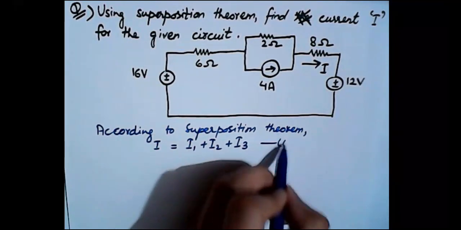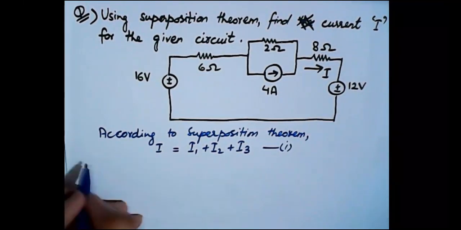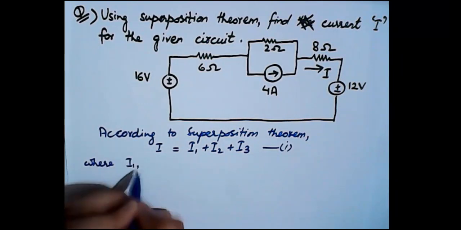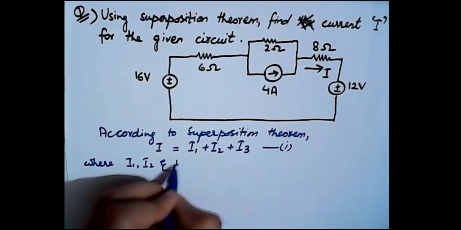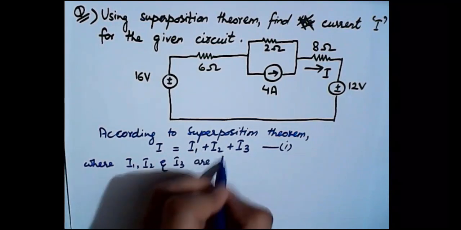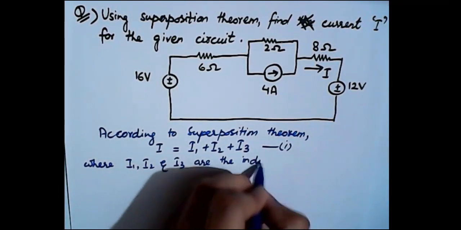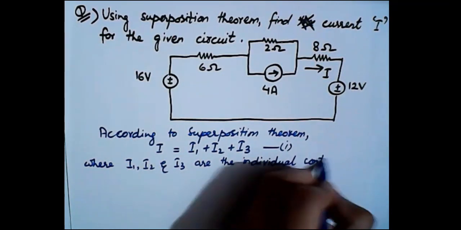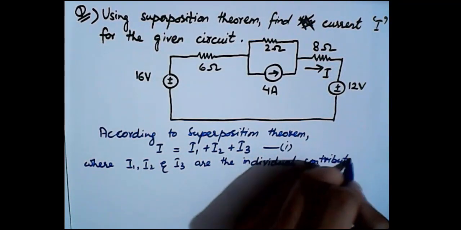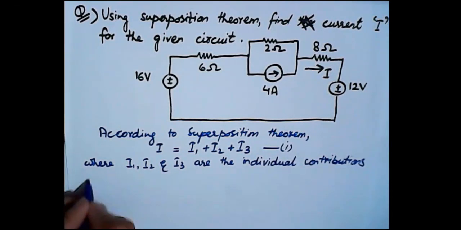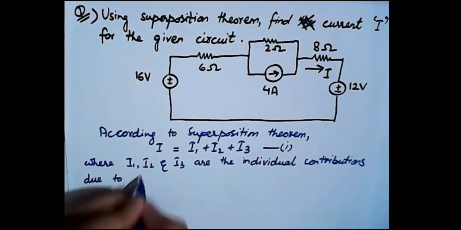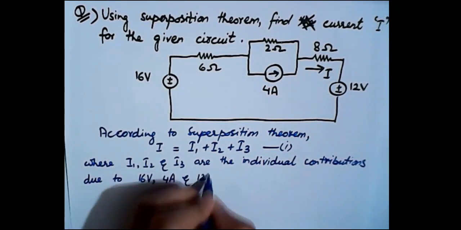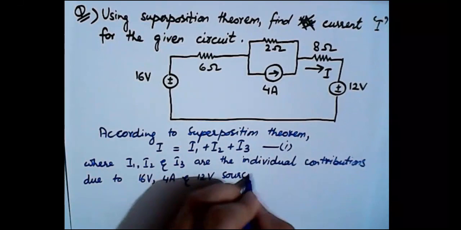And let's name this equation 1, where I1, I2 and I3 are the individual contributions due to 16 volt, 4 ampere and 12 volt sources respectively.